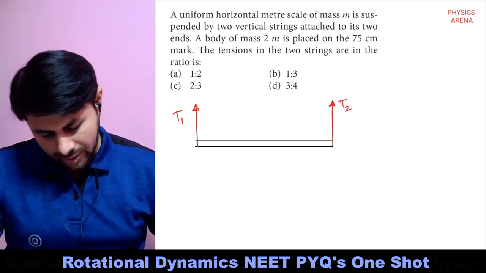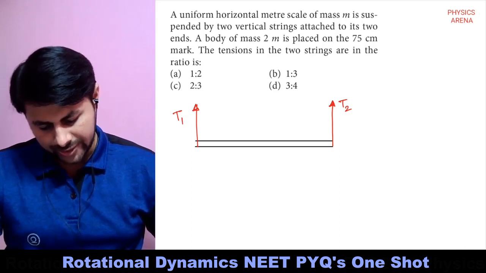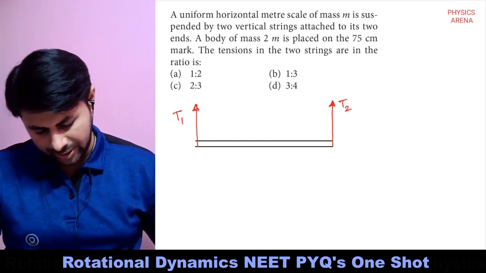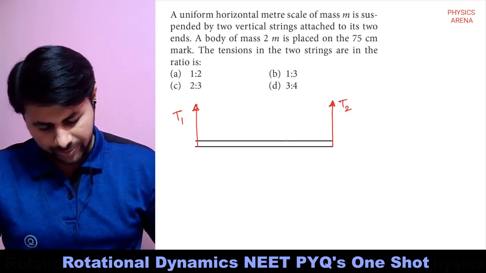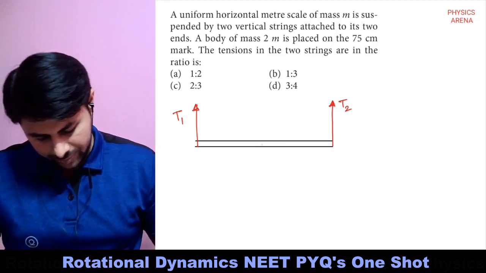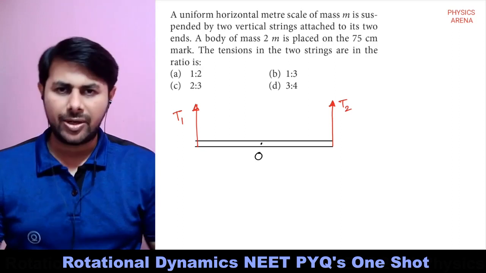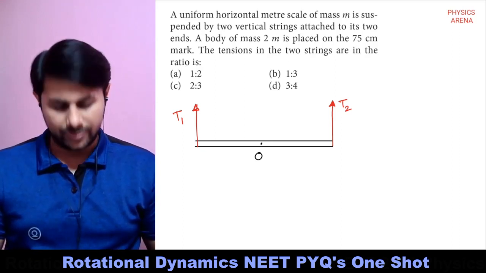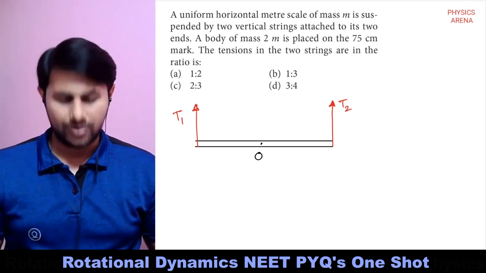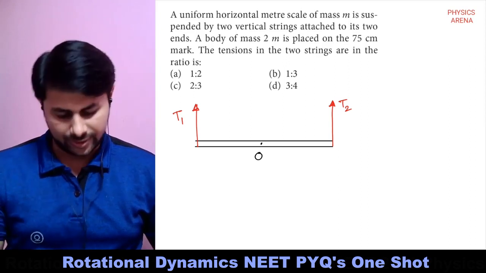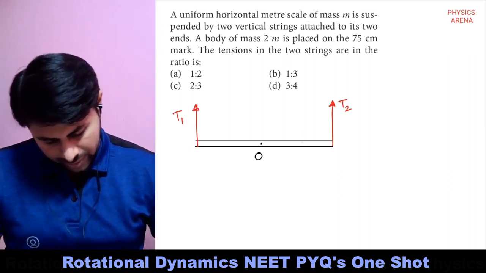Okay, a mass of 2m is placed at 75 centimeters. So 75, let's suppose this is midpoint O. So 75 means it is at a distance of 3/4 of the length, we can say.